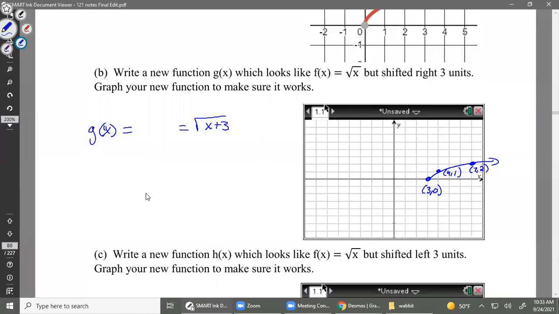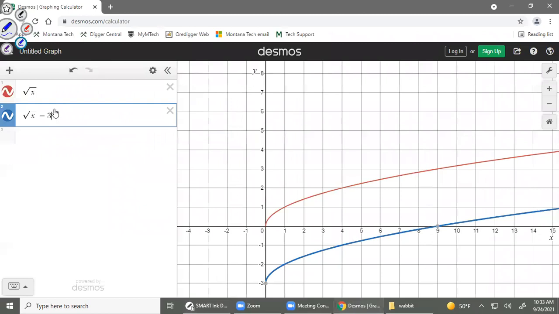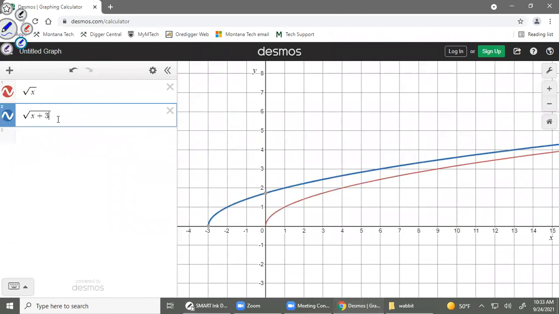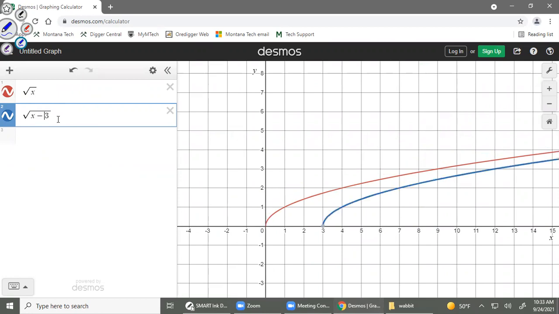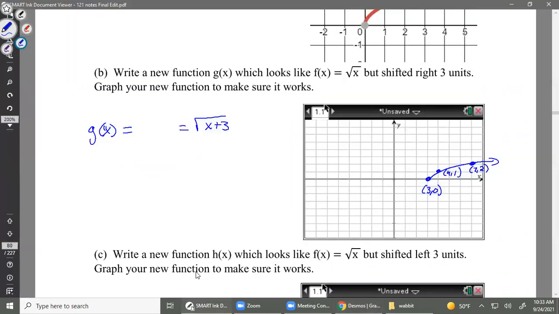Go check it out. When I go into Desmos, hey, that didn't work. It moved it to the left. So my other thing that I might try is a -3. Okay, that worked. So my intuition didn't help me here, but this should be -3.